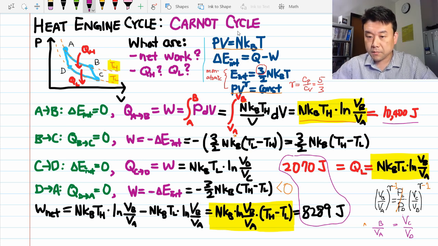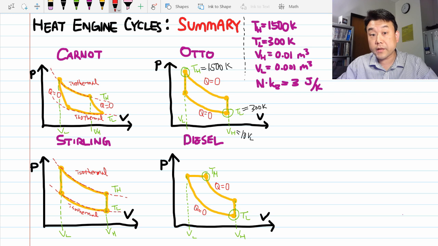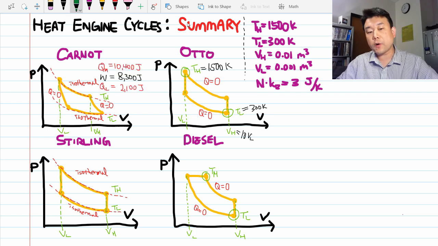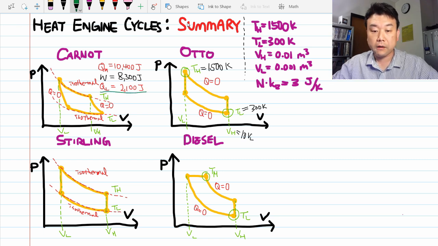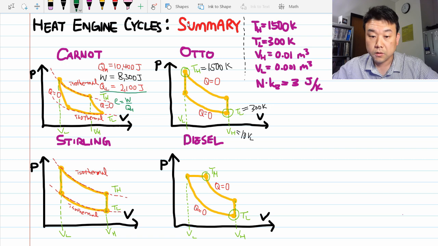Let me copy these numbers over to the summary page. I will round them to the 100th place. So the heat transfer and work done for the Carnot cycle are here, and here is a useful quantity we can define called efficiency that we'll talk about more next week. For now, I will say we define efficiency as work done divided by heat input. So in the case of the Carnot cycle, the efficiency is 0.8 or 80%.